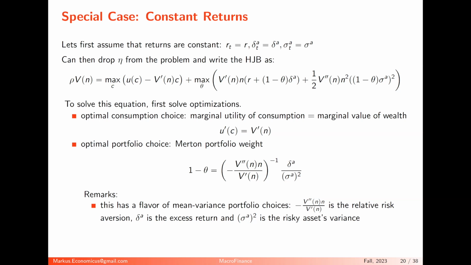In a static problem, with normal payoffs and constant absolute risk aversion utility functions, you would get the expected risk premium divided by the absolute risk aversion coefficient times the variance. Here it's in continuous time, so it's slightly different, a relative risk aversion coefficient, but otherwise it's very similar.